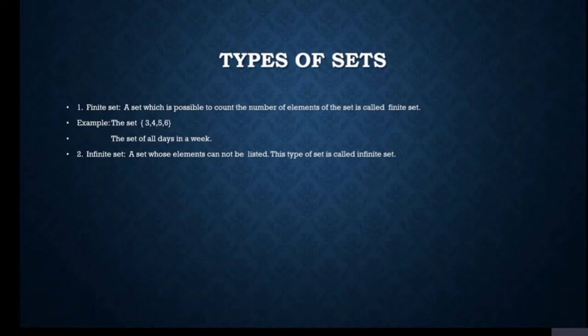Next, second one, infinite set. The set whose elements cannot be listed is called an infinite set. Simply we say that a set having an infinite number of elements is called an infinite set. For example, stars in the sky.